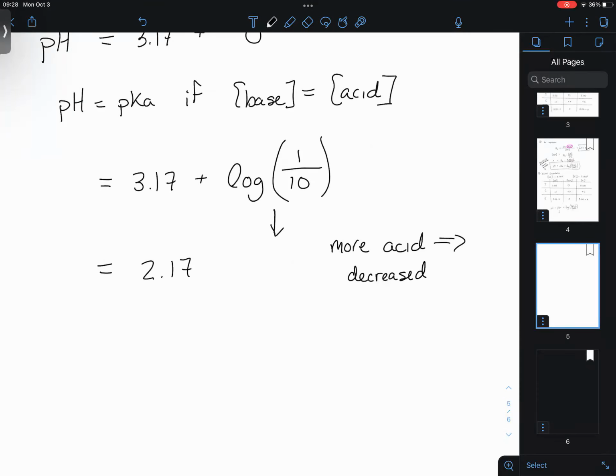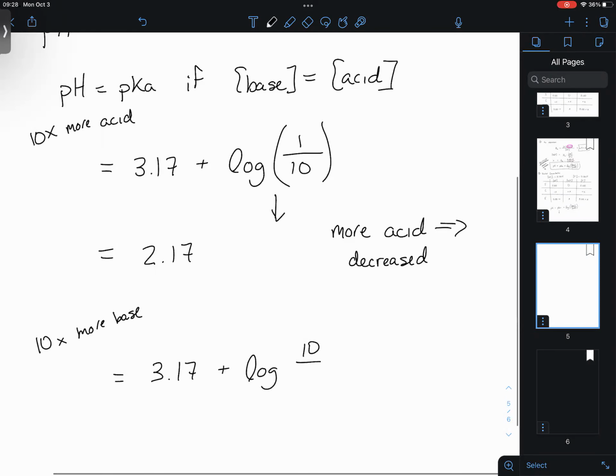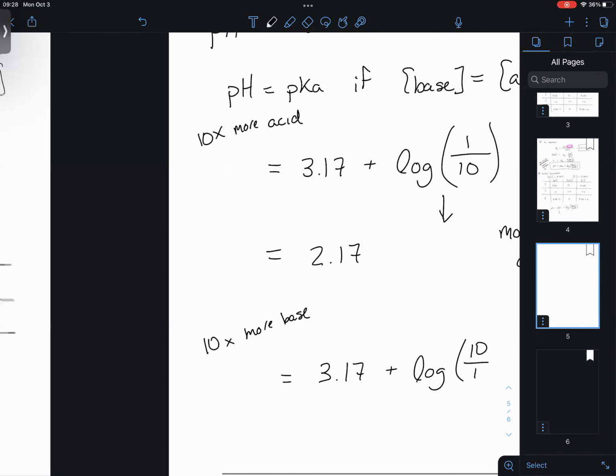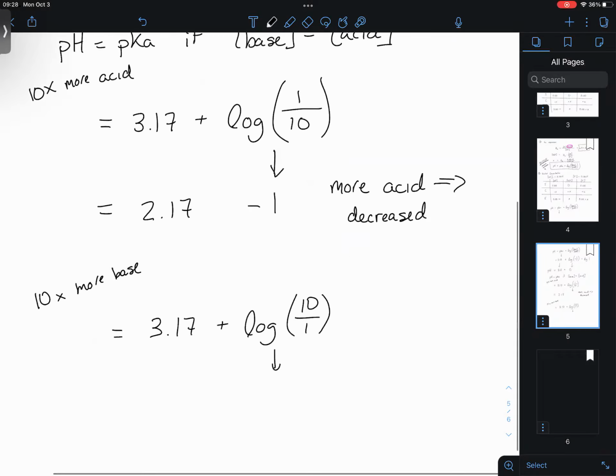So now let's do the exact opposite. This was 10 times more acid. Now we're going to do 10 times more base. So we're going to take our pKa and add the log of 10 times as much base as acid. And again, what is just this portion here? The log of 10/1.